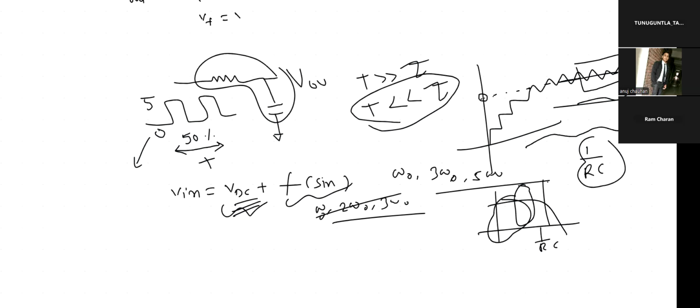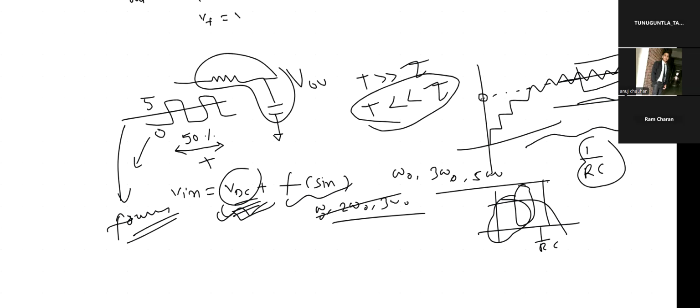Apart from this DC value, some sinusoids may come, and if no sinusoid is there, then there is only the DC value, which is nothing but the average of the input. When you see its Fourier series, you will see some DC component, and on top of that, there are sinusoid harmonics. This can be the reason.